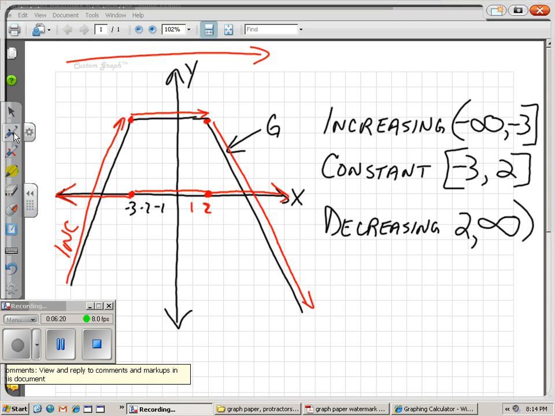Infinity is never included, our 2 is included. So increasing from -infinity until it hits -3, then it remains constant from an x of -3 to an x of +2, and then it decreases from an x of +2 out to infinity.